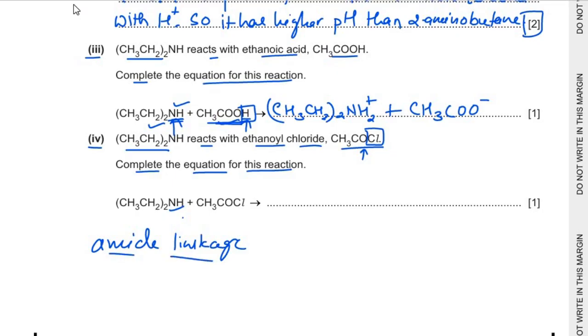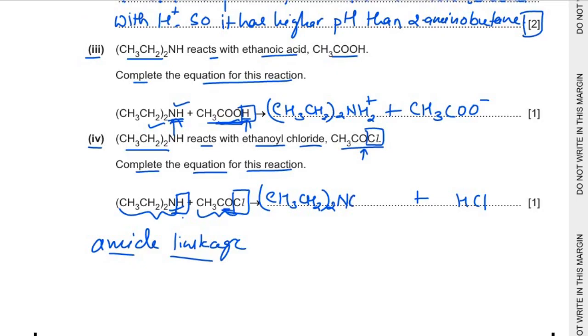Similar amide linkage will be formed, that is the H from the NH amine group is released and the Cl from the ethanoyl chloride, that is acyl chloride, is lost as an HCl group, and the remaining 2 parts just bond together. So if we join the remaining part, we are going to get the diethylamine part which directly bonds with the CO part.